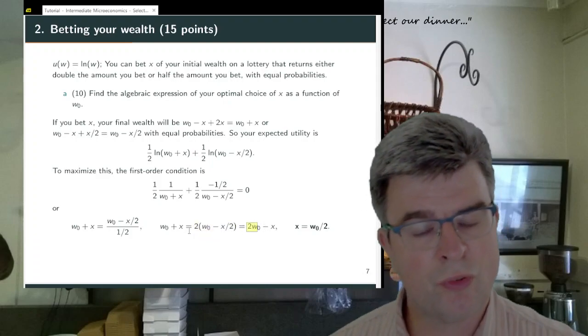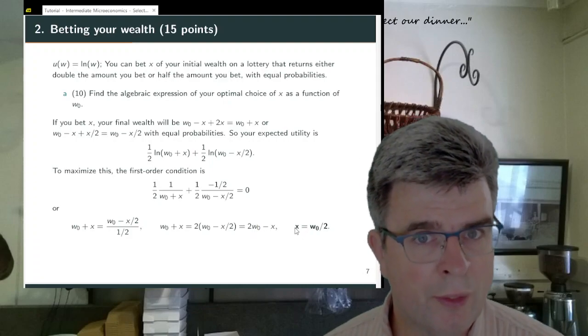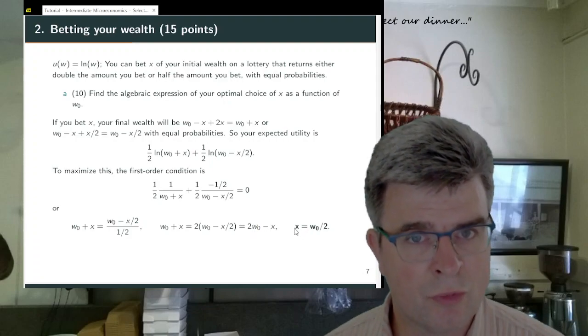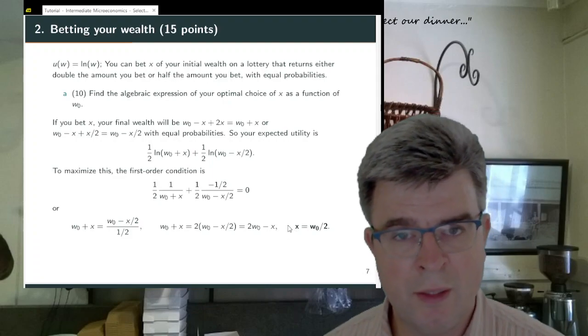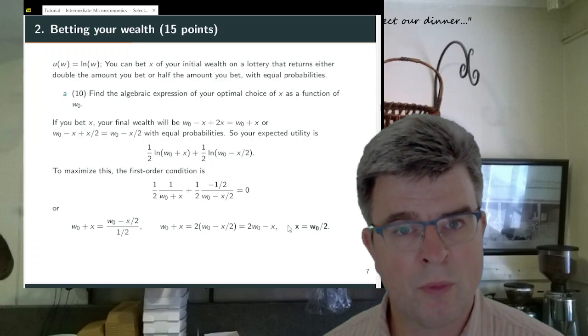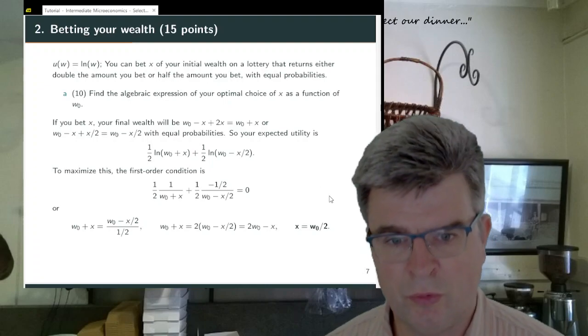And if we then solve for X, we get that X is 1/2 of our initial wealth. So if we face this lottery, we will find it optimal to bet 1/2 of our initial wealth.